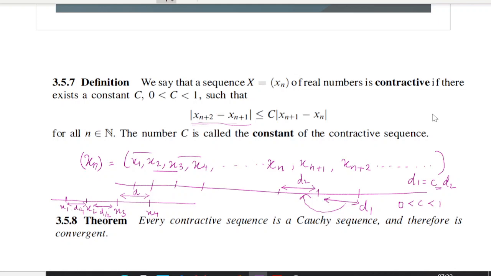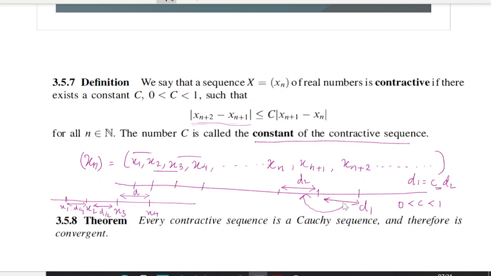So I think you may have an idea of what a contractive sequence is. Contractive in the sense that it is going in a compressive way. So we say this is a contractive sequence, and this number c is called the constant of the contractive sequence.